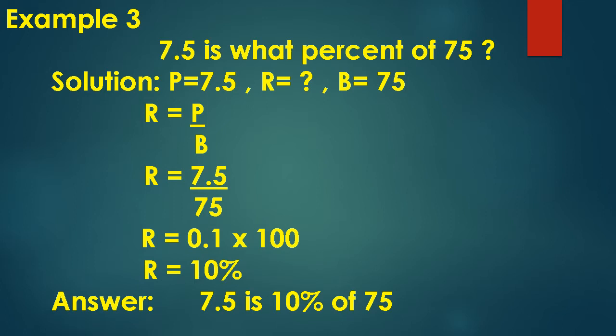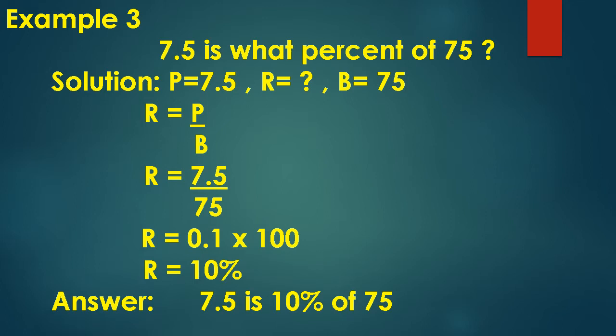So we are going to use the formula R is equal to P over B. Okay, R is equal to 7.5 or 7 and 5/10, the value of P, over 75. Right? R is equal to 7.5 divided by 75.